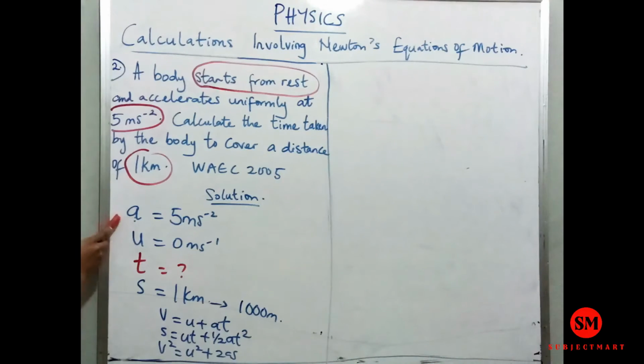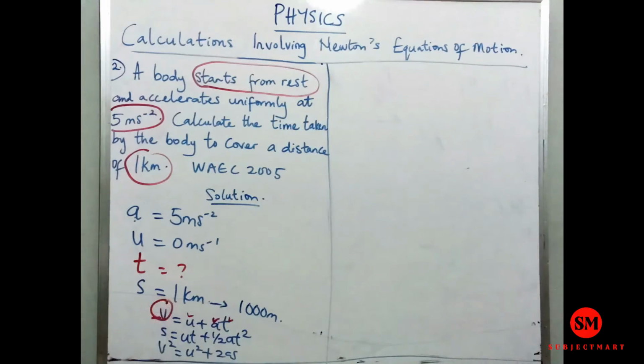Okay, so we have a. The first one, yes, we have a. We have u. t, yes. Do we have v? No. We don't have v. Okay, I'm just going to use this.